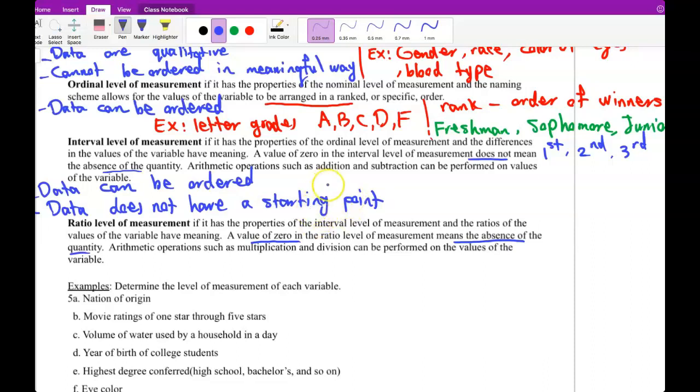What that means, it can have 0. I'm not saying that you should start with 1. What that means is that if you have 0 in the ratio level, that means you don't have that part, it's the absence of quantity. But in interval, 0 just means we do have that quantity. So it doesn't have a starting point. We're not starting with 1 or whatever number it is.